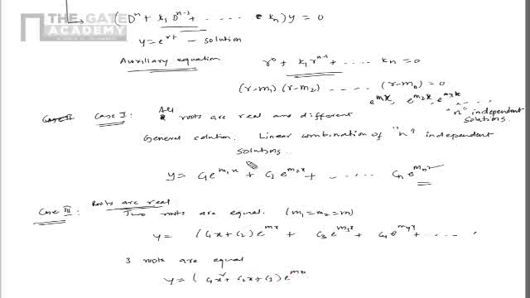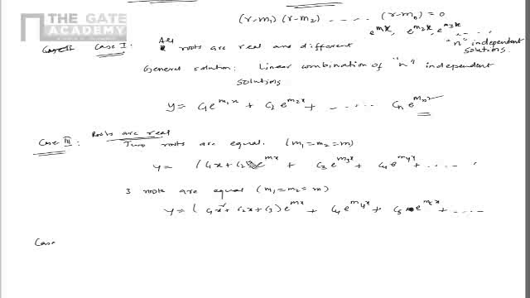So three roots being equal means I can write it this way, plus your c4 e^(m4 x) plus c5 e^(m5 x) plus so on. So this is how it is when three roots are equal. Okay, now this was case 2, sorry, and this was case 3.